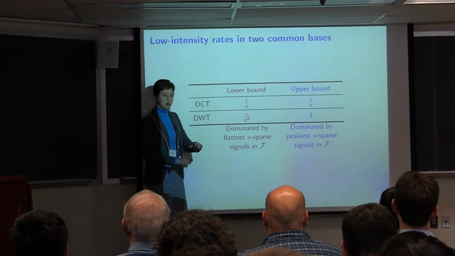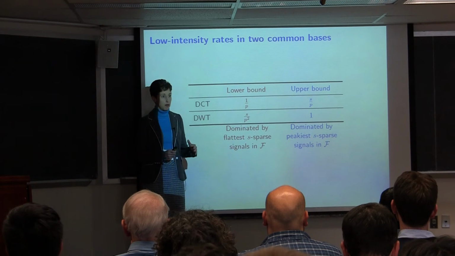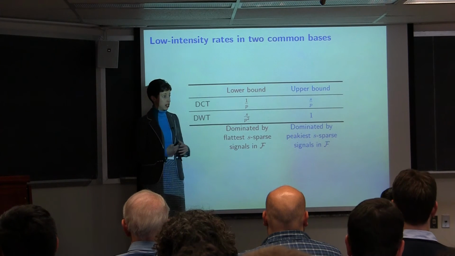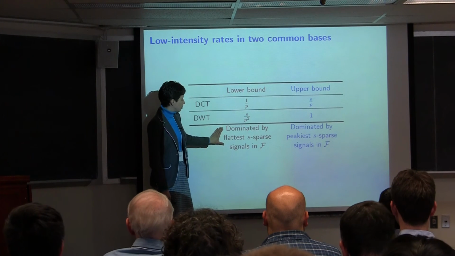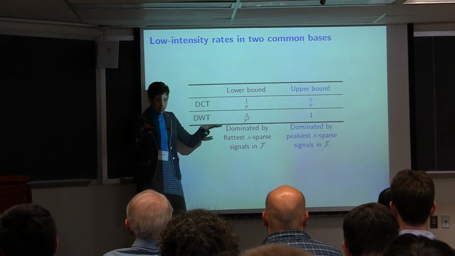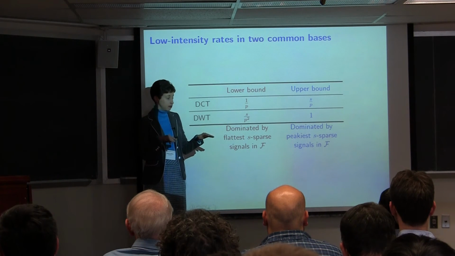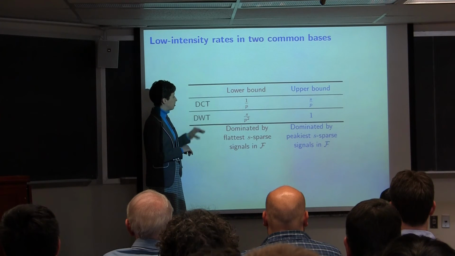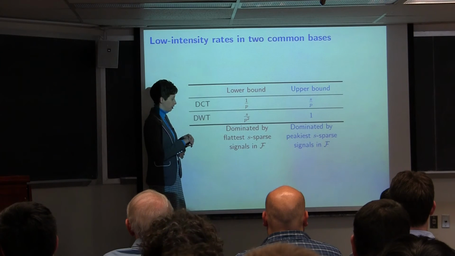And in general, remember the intuition that we started with: our rates are controlled by this notion of residual energy. And so when we compute these lower bounds, the lower bounds are dominated by the flattest S-sparse signals in our function class f. For some bases, it's easier to make a very flat signal with low residual energy than others.